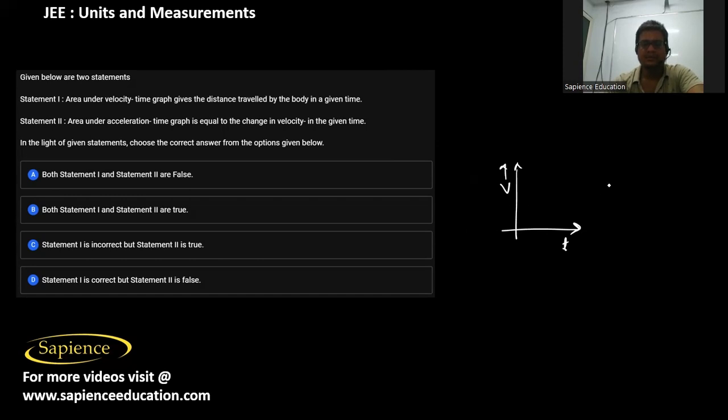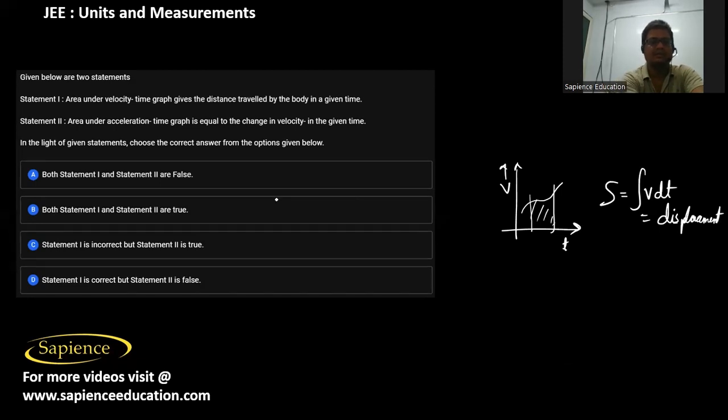Displacement equals integral v dt. So it is the area under the velocity time graph. Actually it should be equal to the displacement. The area under velocity time graph gives the displacement.